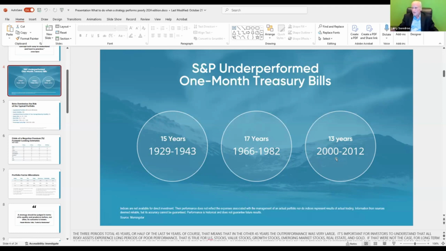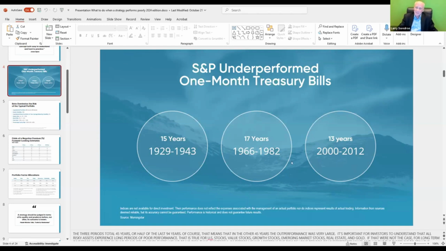That's almost half of the time we have data for. In these periods of at least 13 and as long as 17 years, you were better off in T-bills, totally riskless, than you were in stocks.